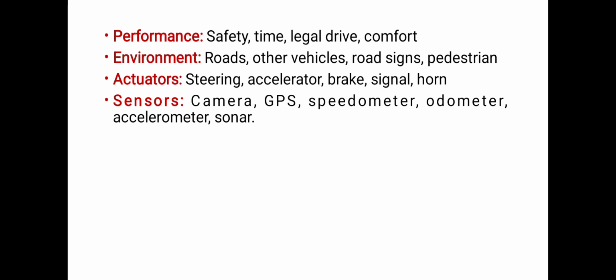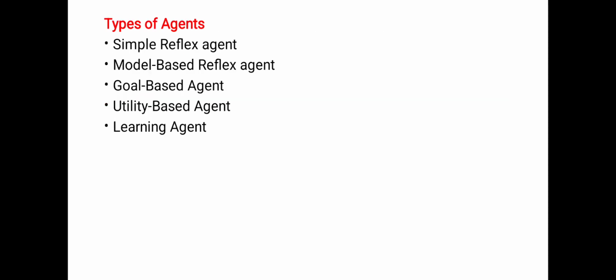The performance measures of this example are safety, time, legal drive and comfort, whereas the environment is roads, other vehicles, road signs and pedestrians. Actuators are steering, accelerator, brake, signal and horn. The sensors are camera, GPS, speedometer, odometer, accelerometer and sonar.